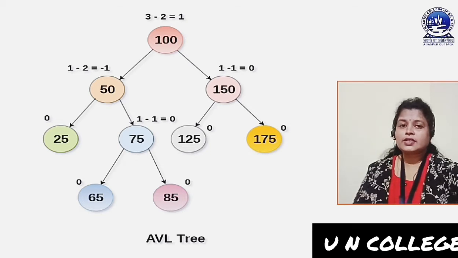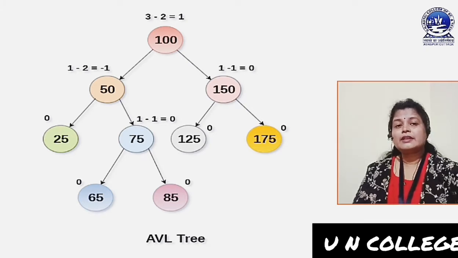It is also 0. Why? Because it has only one node as left child and one node as right child, and no more extra subtree either on the left side or right side. It means that it has the left subtree and right subtree at the same level. That's why it is 0.